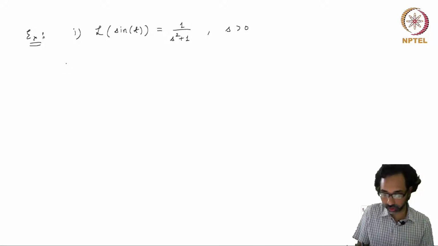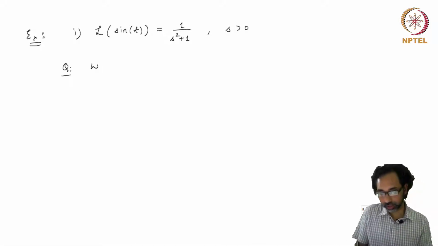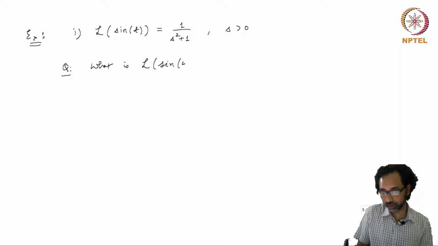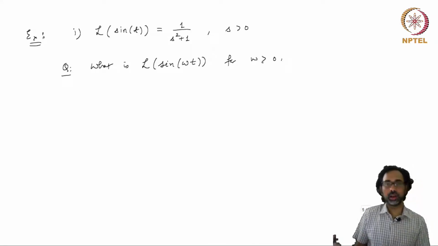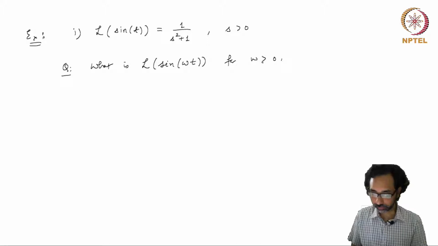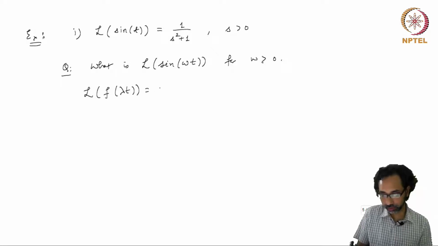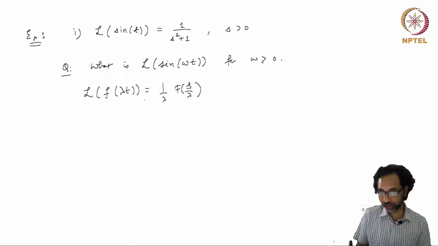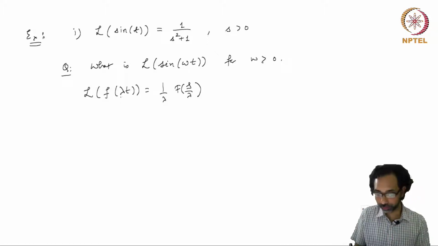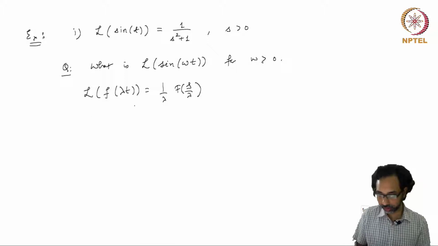So now the question is, what is the Laplace transform of sin omega t for some omega, a positive real number? We have seen that the Laplace transform of f of lambda t is 1 over lambda f of s over lambda, and we can simply plug in lambda to be omega and small f to be the sine function.